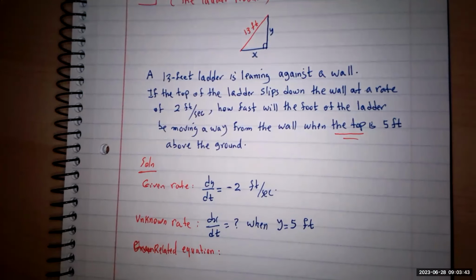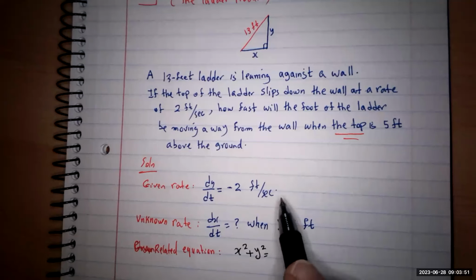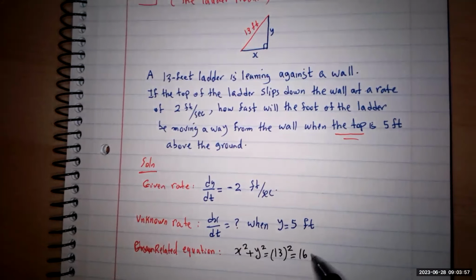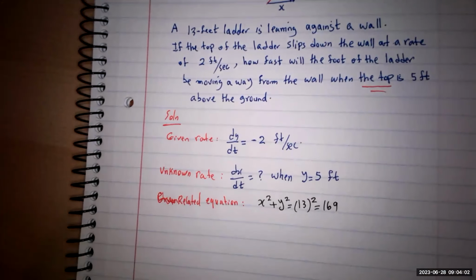So x squared plus y squared equals 13 squared, which is 169. You have to find this equation yourself. In the case of the ladder problem, it's the Pythagorean theorem. Any question?